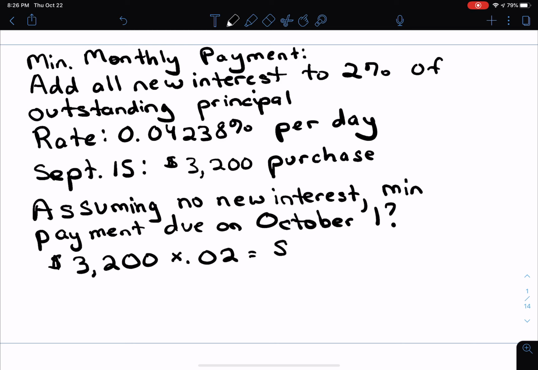And that's $64. That's the minimum payment due. She needs to at least pay that to stay in good standing with her credit card, not lose any introductory interest rates, and not have any dings to her credit report. Problem is, that's not going to pay off her balance. Even though she doesn't have interest accruing just yet, this next month in October, she will.